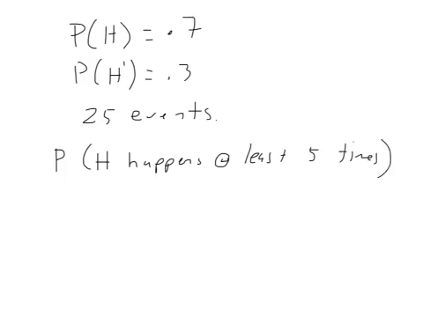Well, there's a couple ways of writing this, but using sigma notation, I can just write this in one sigma notation. So if we think about what's going on, we've got 25 events, and we're going to choose some number of successes.